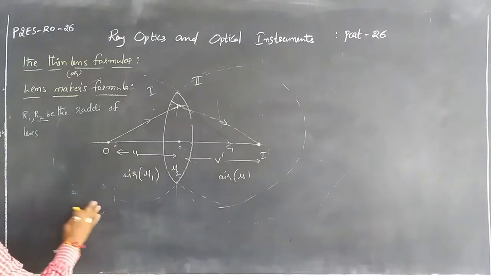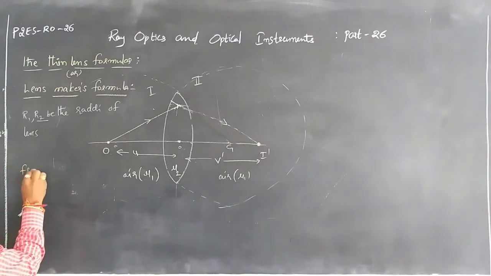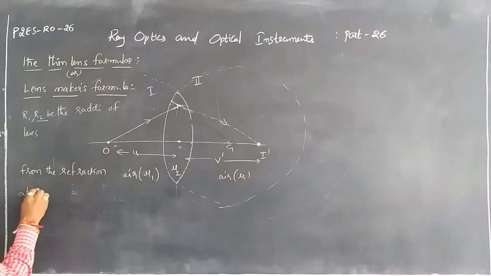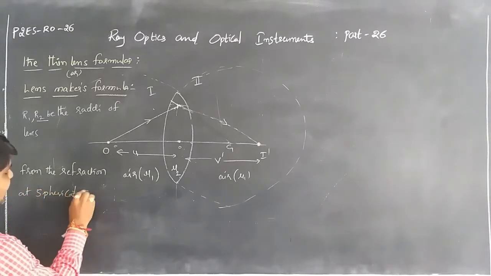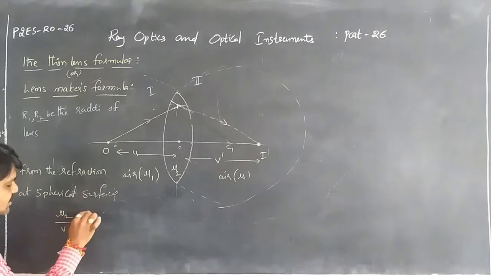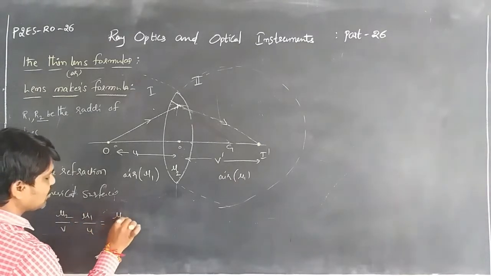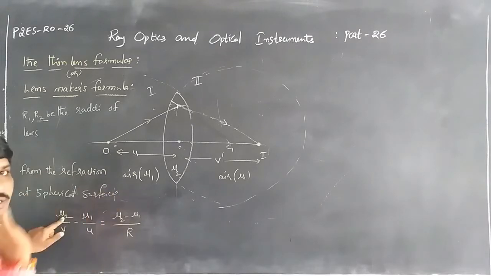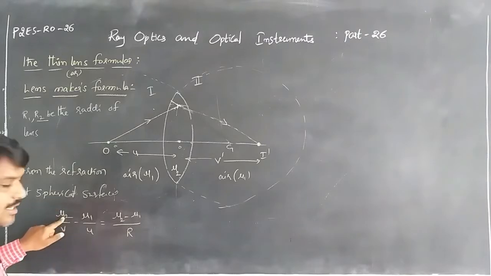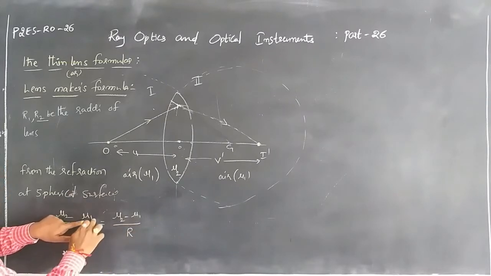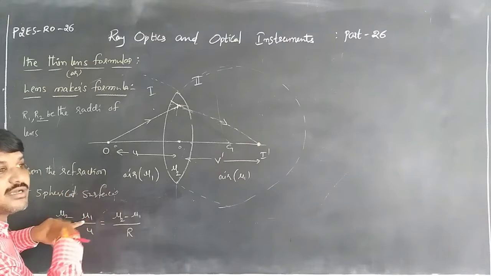From the formula of refraction at spherical surfaces, we have the formula mu2 by V minus mu1 by U equals mu2 minus mu1 by R. Just listen carefully: mu2 is the refractive index of the material where the light is going, and mu1 is the refractive index of the material from where the light is coming.